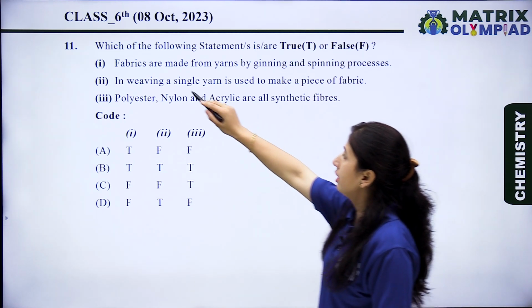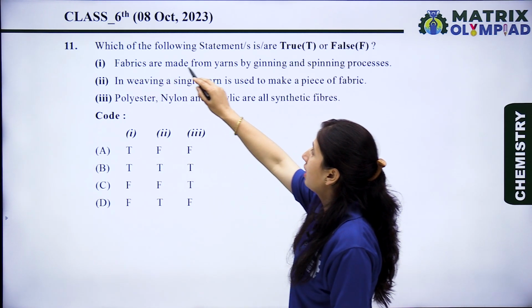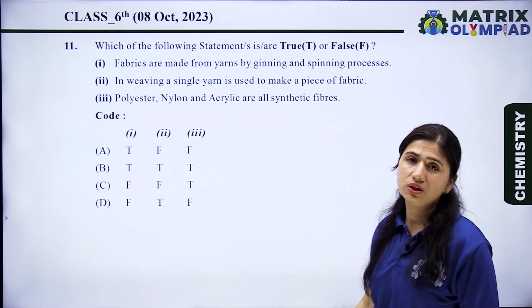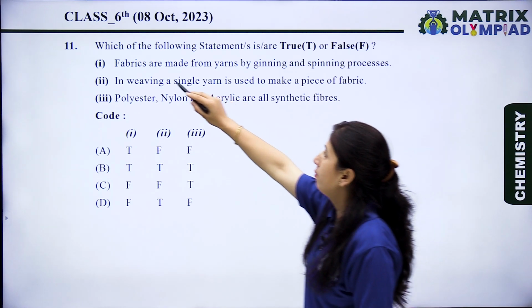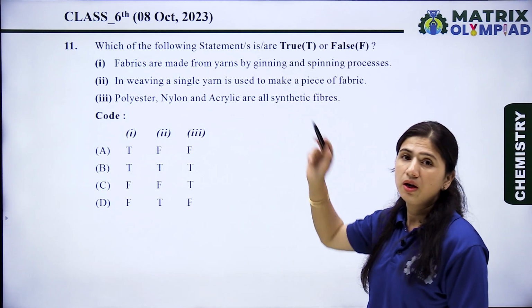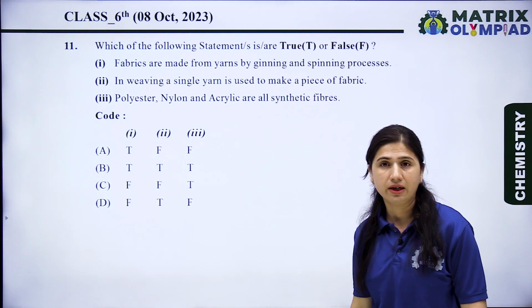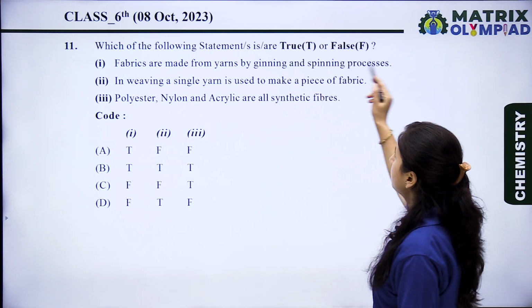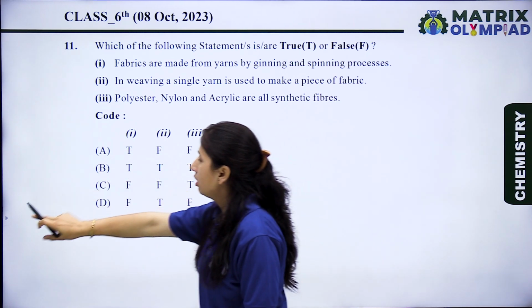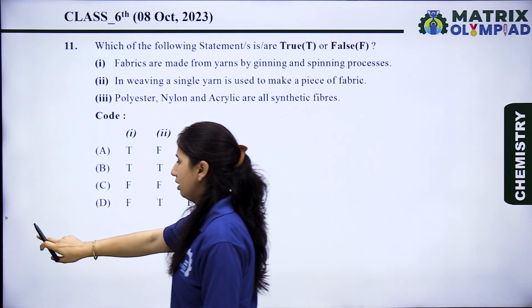And here it is written that fabrics are made from the yarn. No, this is completely a wrong statement, because fabrics are made from yarn by two processes, that is knitting and weaving.